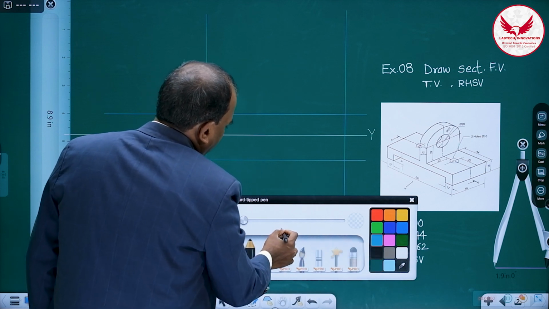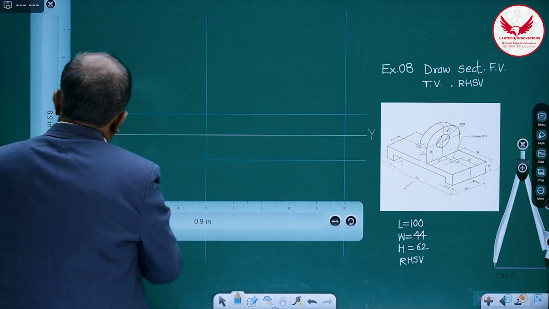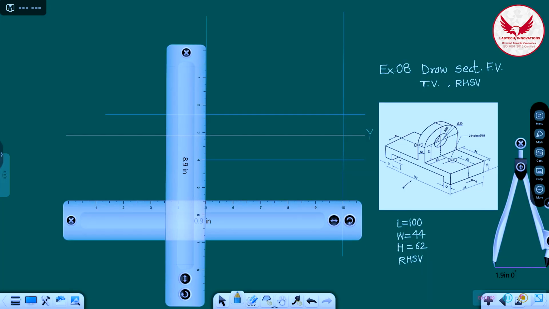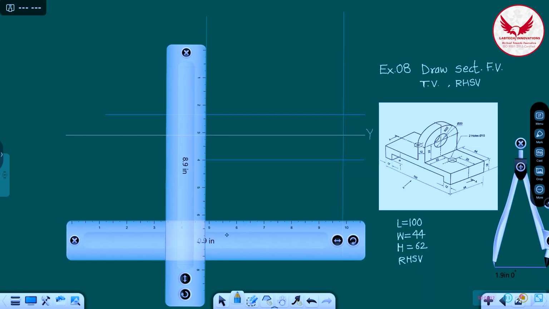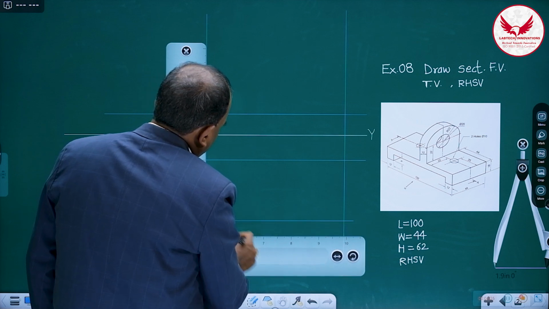It is given 44, and that you can mark from this. So it is going to be 44. If we mark this width like this, this is going to be the width.